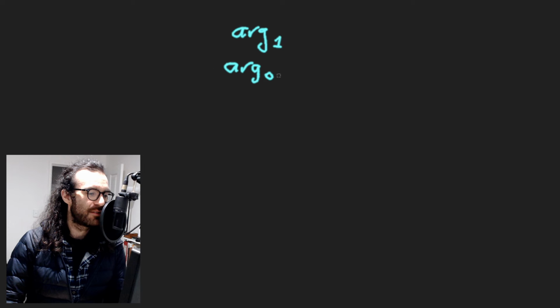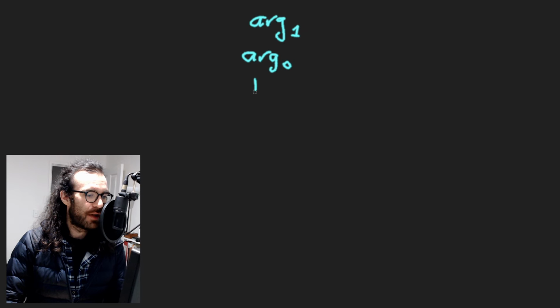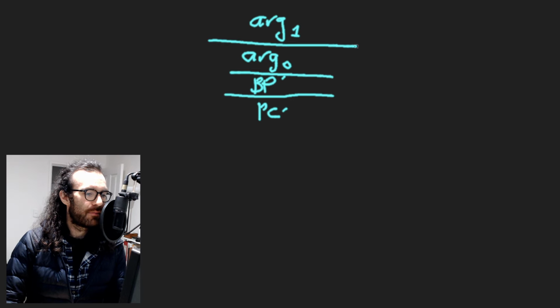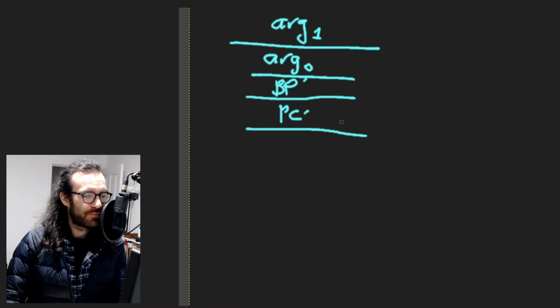So what happens, right? Let's draw this again. Actually, let's say arg1. Let's do this 2-arg example, because that's what we have here. Arg0, we'll have bp prime, we have pc prime. I think I know what it might be.